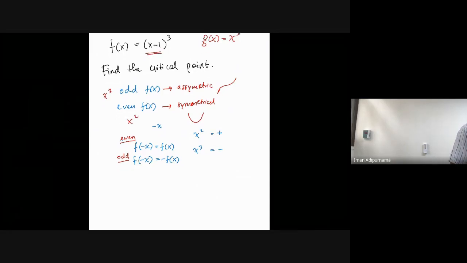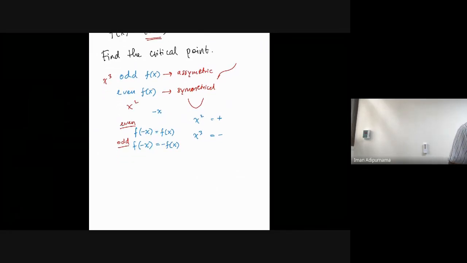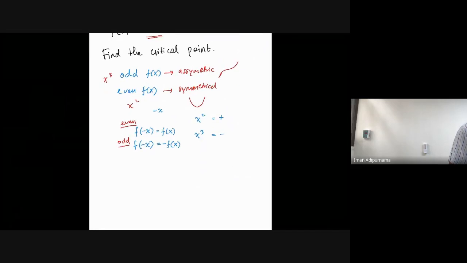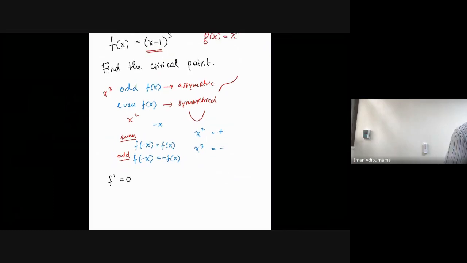So if we think by definition, like in the last discussion, every time you have f prime is 0, this is still a critical point. So if you have f prime equal to 0 from the function, this is 3 times (x minus 1) squared, and it's 0. So x is 1.